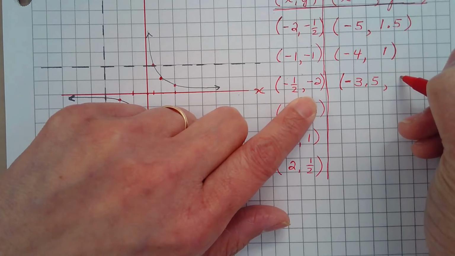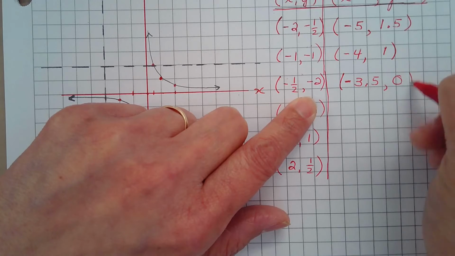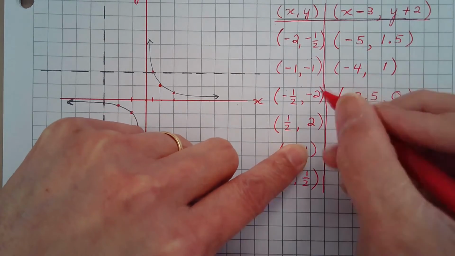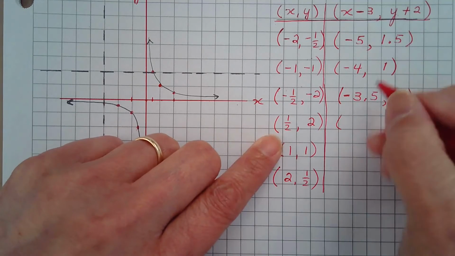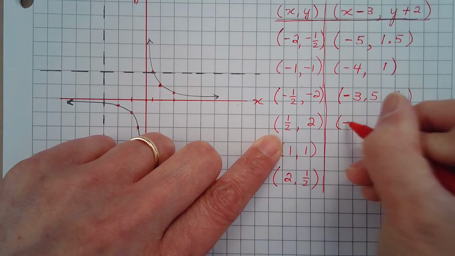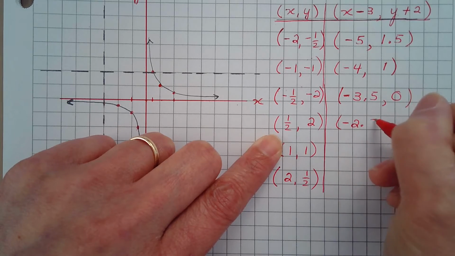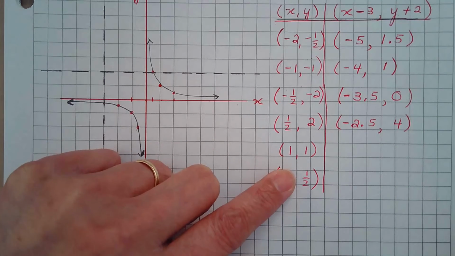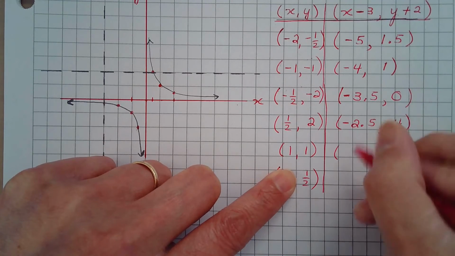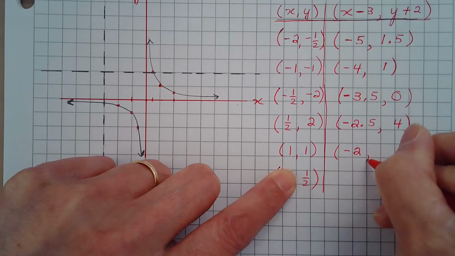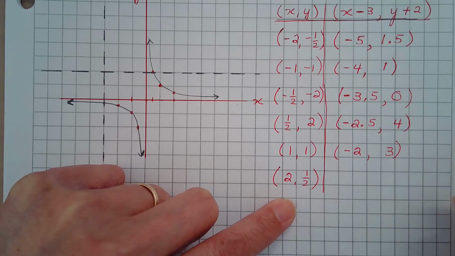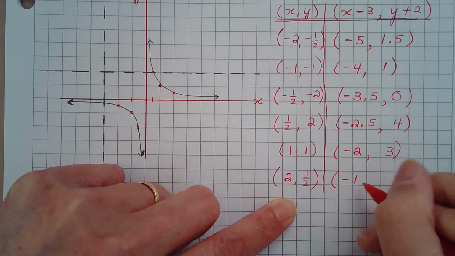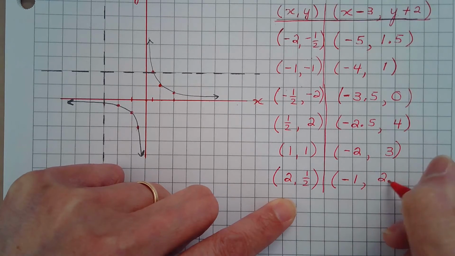That would be 0. Right? Because negative 2 plus 2 would be 0. And this one would be negative 2.5, comma 4. This one would be negative 2, comma 3. And then the last one would be negative 1, comma 2.5.